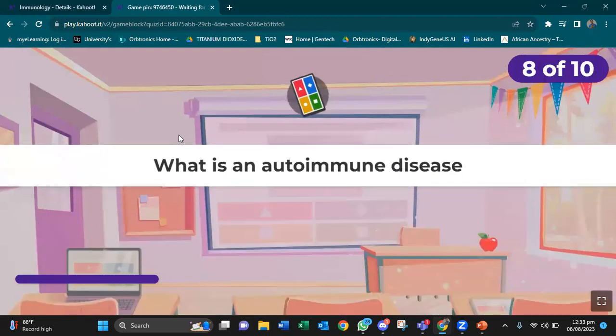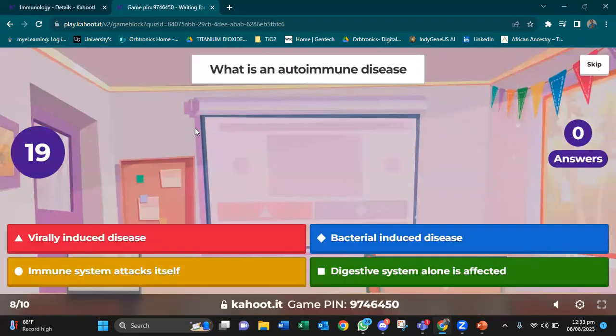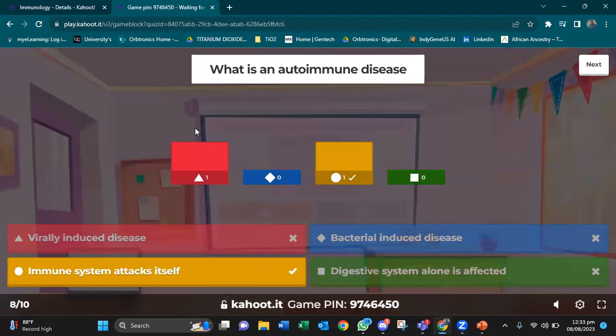Next question. What is an autoimmune disease? Okay, so someone said virally induced disease. That is not correct. It's when the immune system attacks itself.